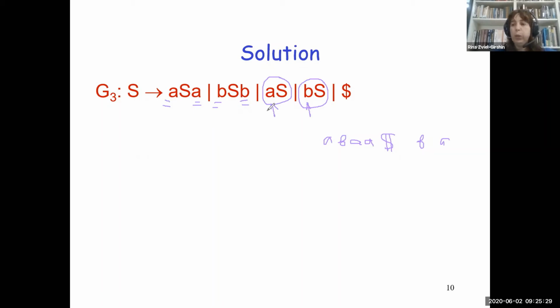So I will give you time to think about this language, and then we will try to define the language together, and it will be relatively complicated.